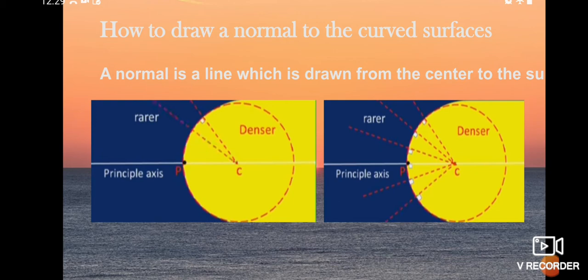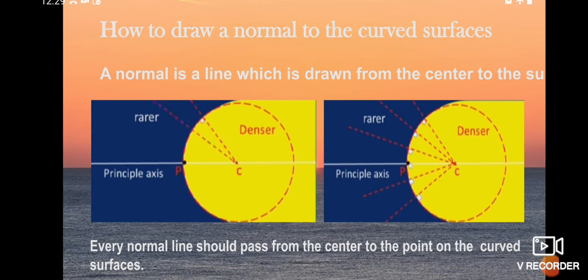I have these two figures. In the first figure I have taken two normals, but in the second figure I have drawn many normals. Like this you can draw many normals with the center. But every normal line should pass from the center to a point on the curved surface only. So every normal line should be drawn from the center itself, and it has to be on the curved surface only.